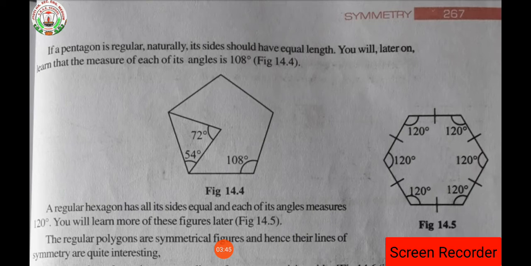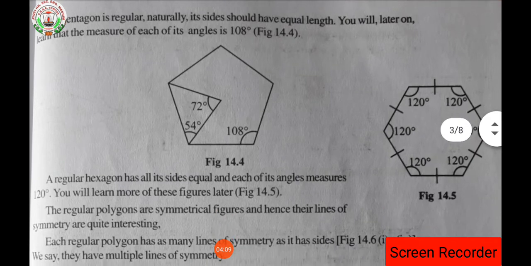The statement says that the sum of the two interior angles is equal to the exterior angle of the figure. In the same way, in this pentagon, if we add the two interior angles, 72 degree and 54 degree, it will be equal to 126 degree.